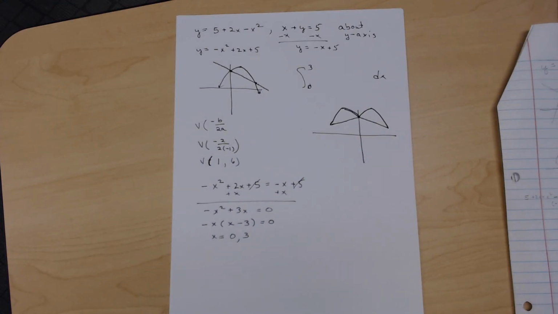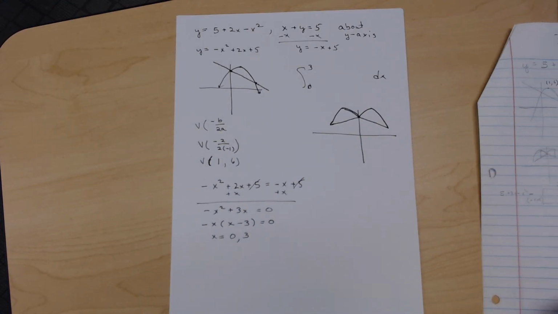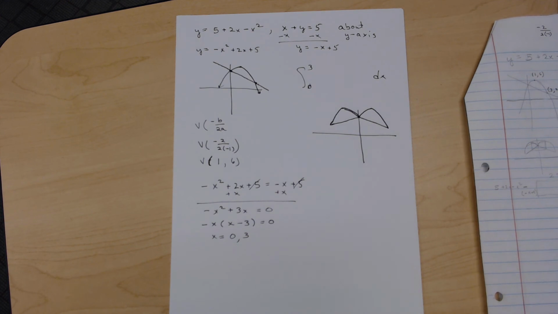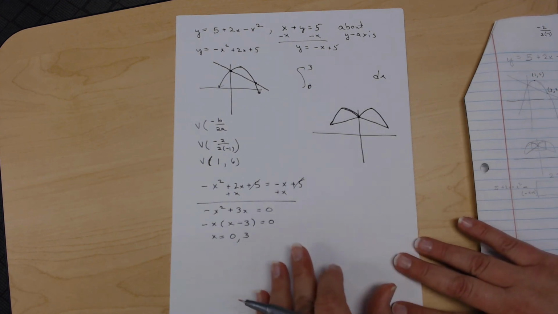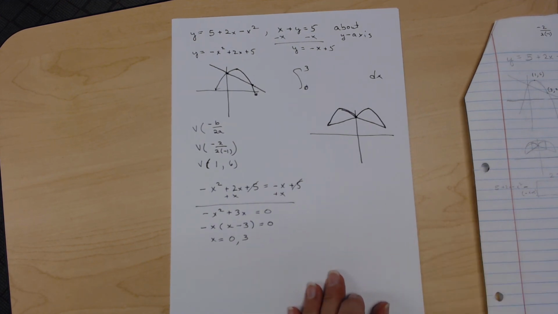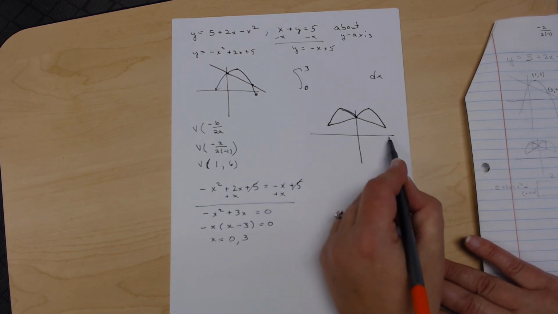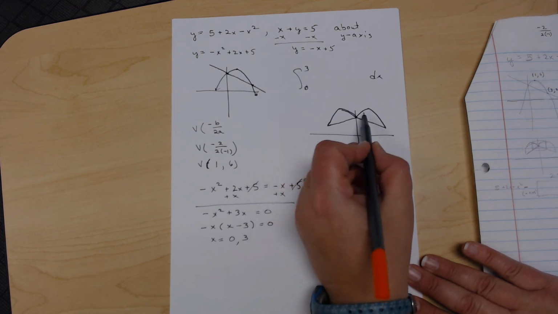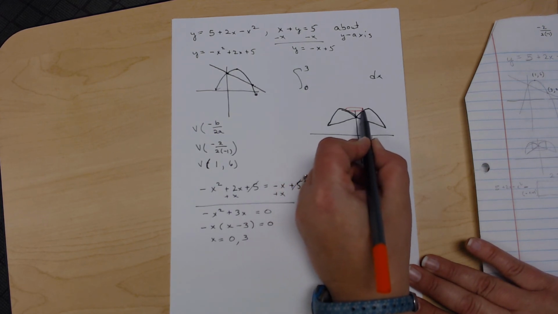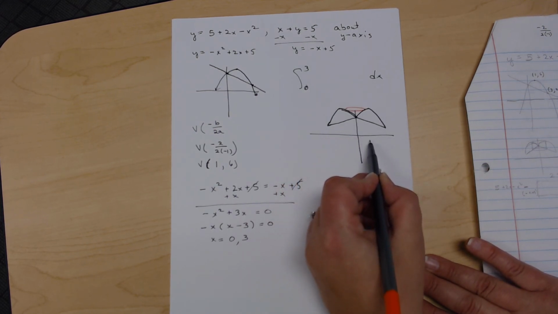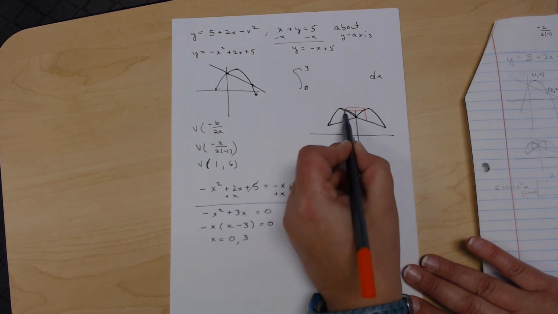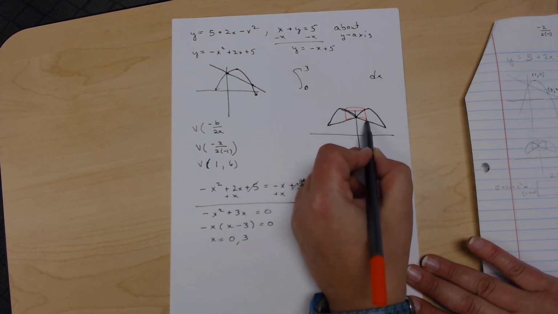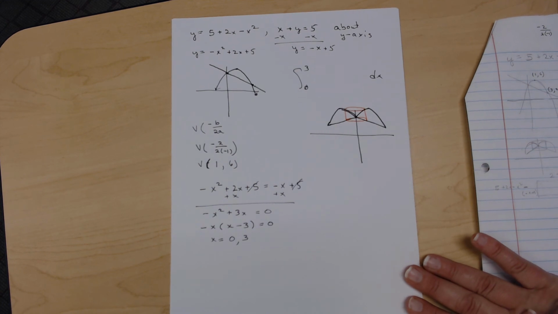Okay, same thing. How do I know I'm going to have to do some subtraction with the y? Let's pause for a second. How do I know that I'm going to have to do some subtraction for the y? Because I'm not going down to the x-axis. So when I draw in a cylinder, I'm not going to go down to the x-axis. As soon as I'm not going down to the x-axis, then I know I'm going to have to do some subtraction.